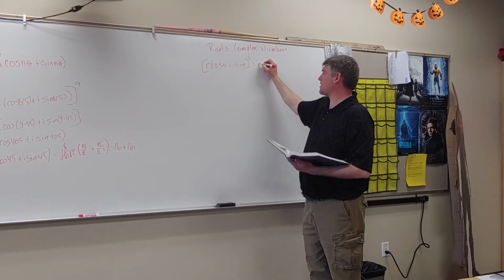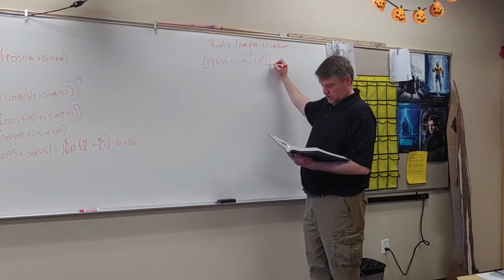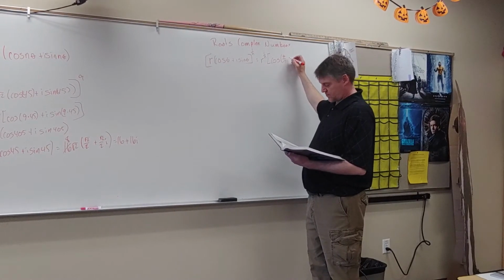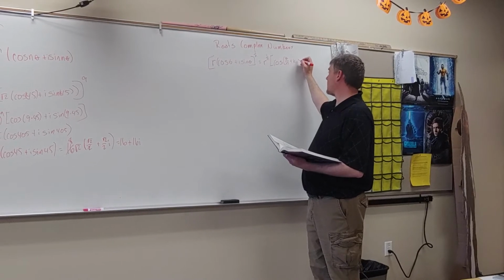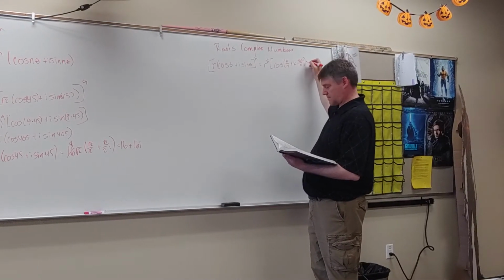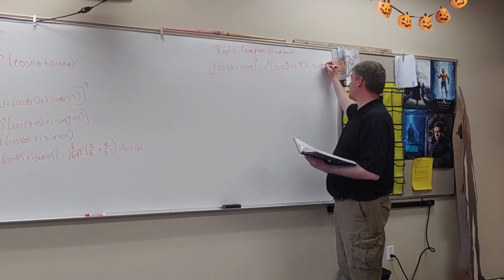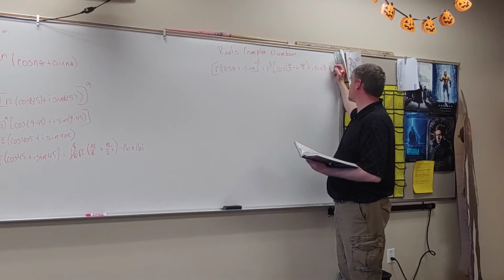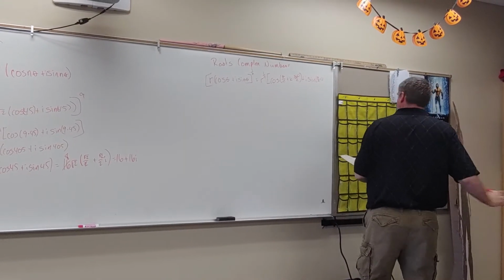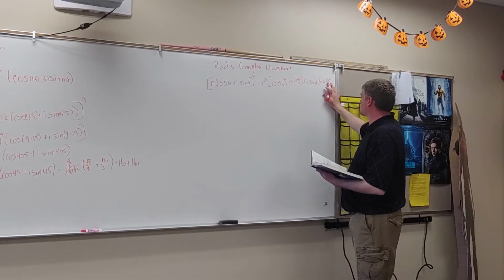What's going to happen is this becomes r to the 1/nth power, cosine of theta over n plus k times 360 over n, plus i sine of theta over n plus k times 360 over n.